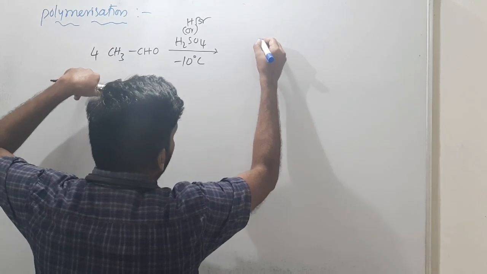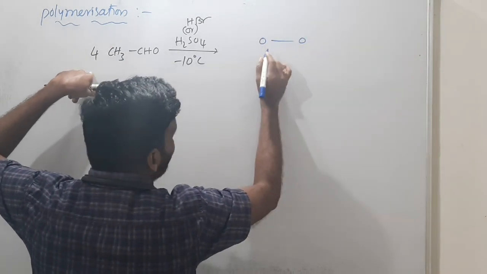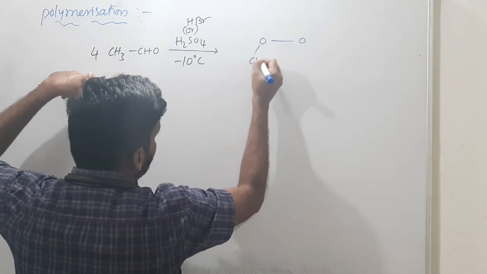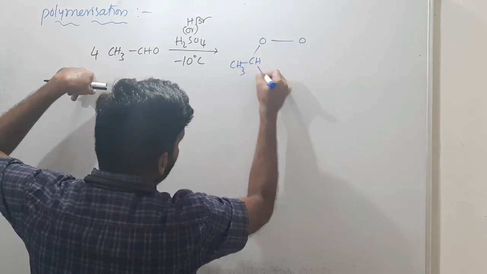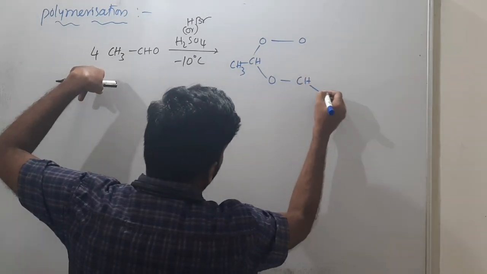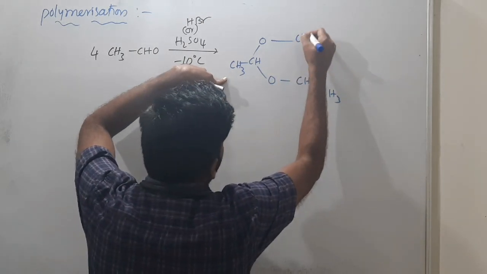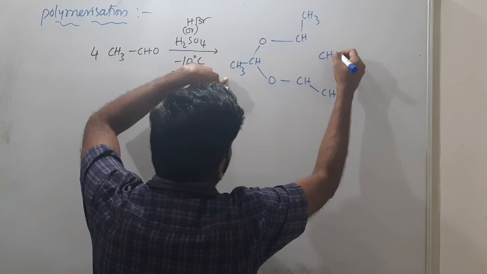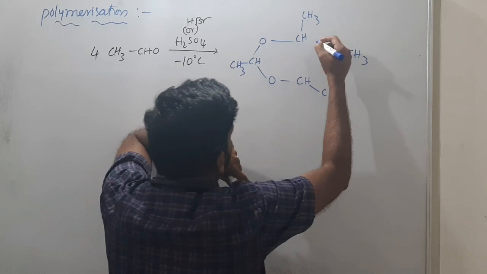Now you have this. Like 4 oxygens you can put like this, 1, 2. So oxygen and CH and CH3, and here oxygen, CH3CHO and CHO and CH3. How many have I written? CHO here, and CH and CH3 and one more CH and CH3. I wrote 4, but where is the oxygen? Here.